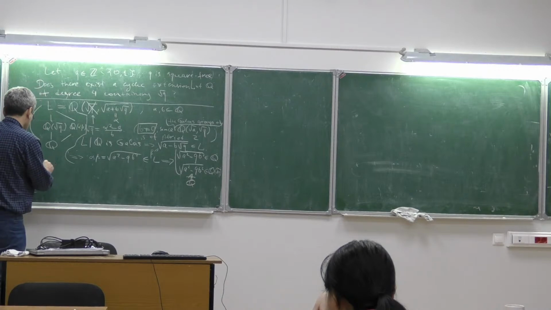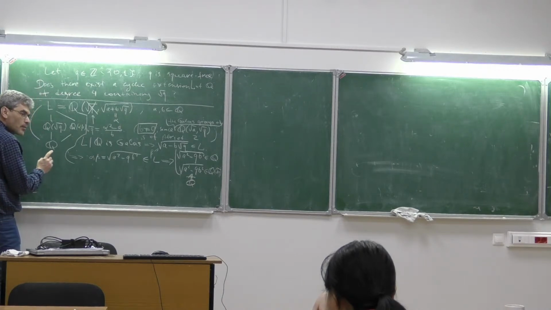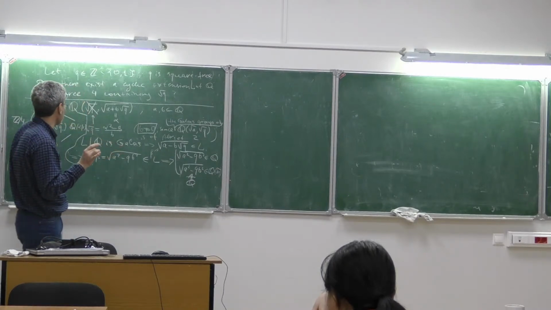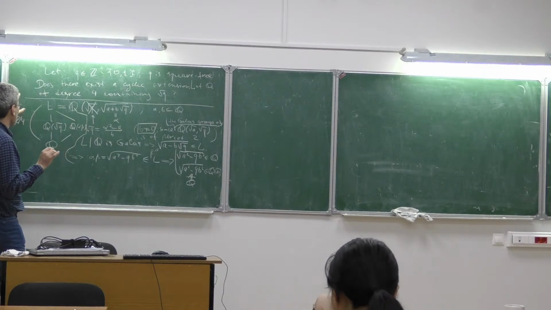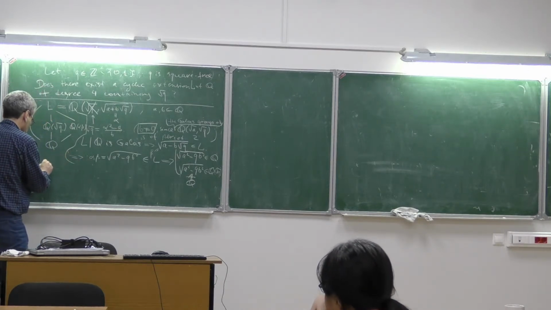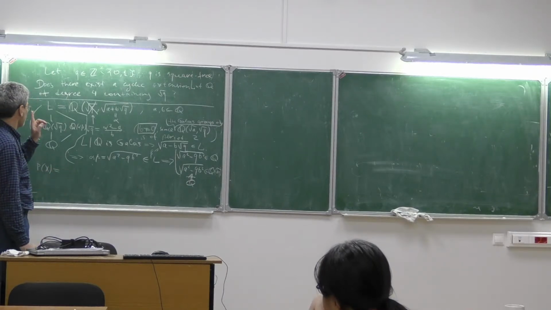So it's non-zero. You see, it is always non-zero because our extension is separable. Yeah. So what is the minimal polynomial of alpha?